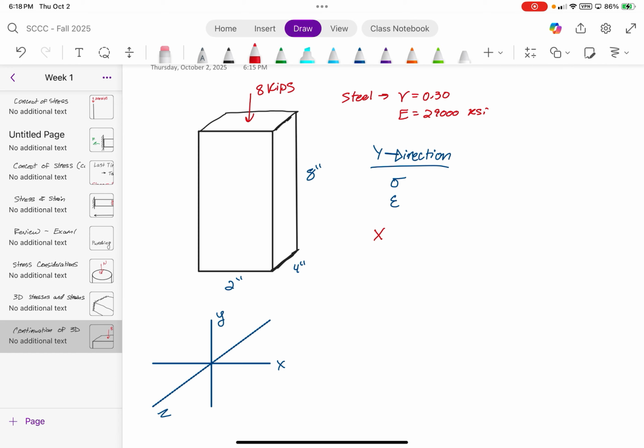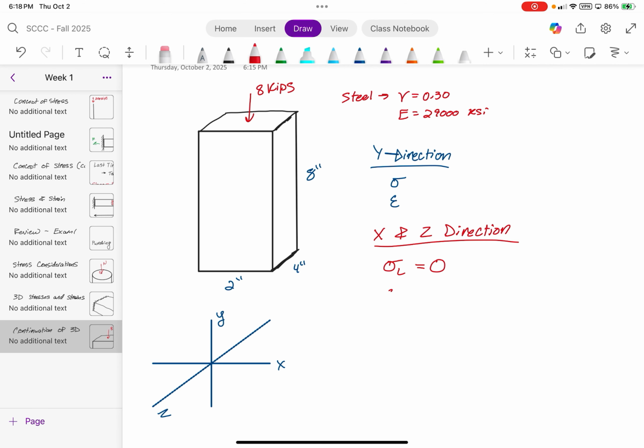What this means is in the x and z direction, we'll have a potential lateral stress, but for the sake of this problem, it's just going to be an open block, so it's open on all sides, so there's no stress felt on the sides. So the lateral stress here is going to be 0.